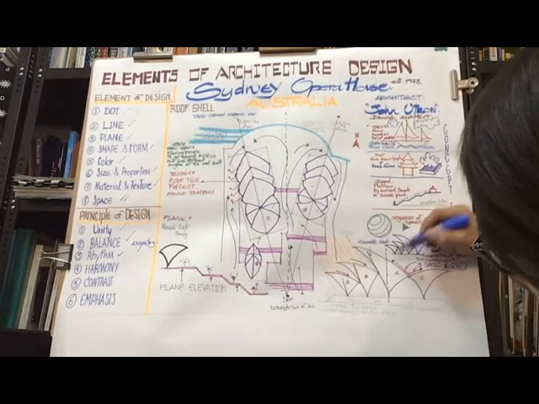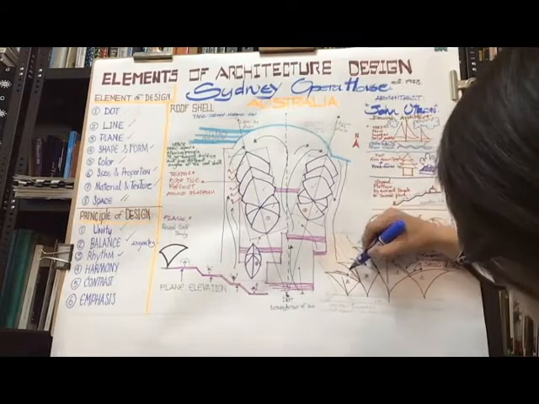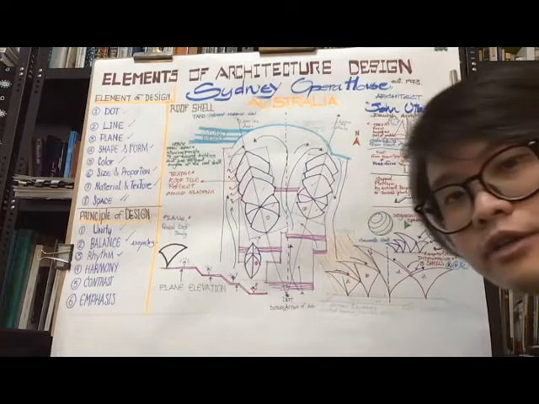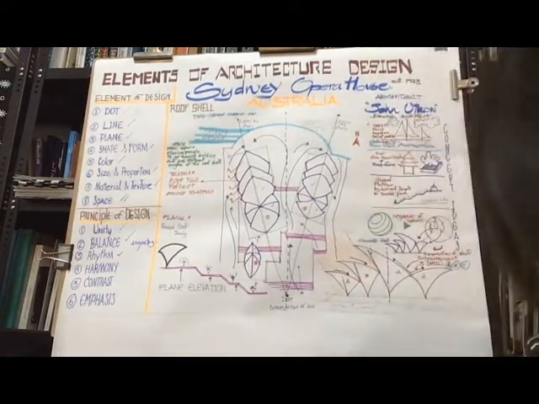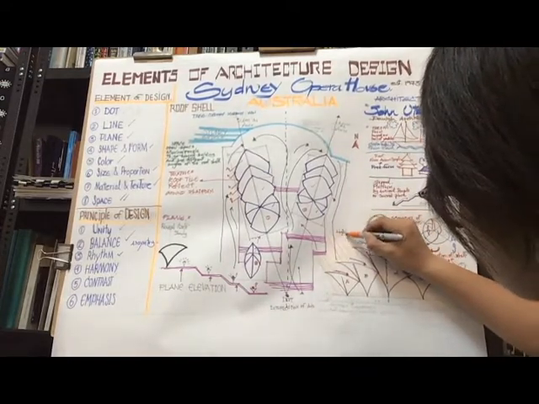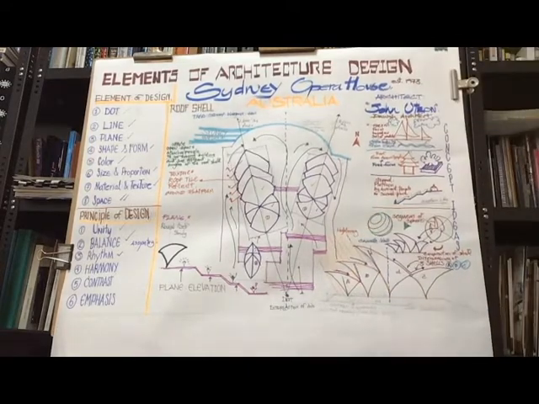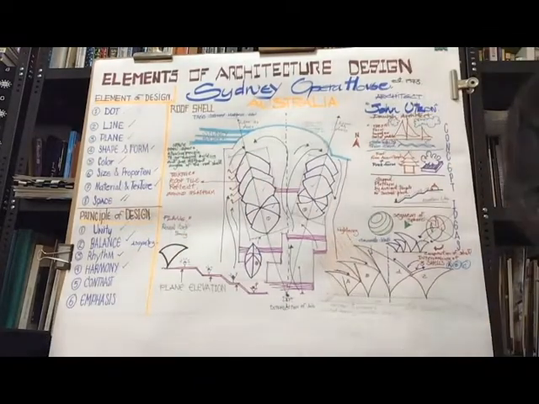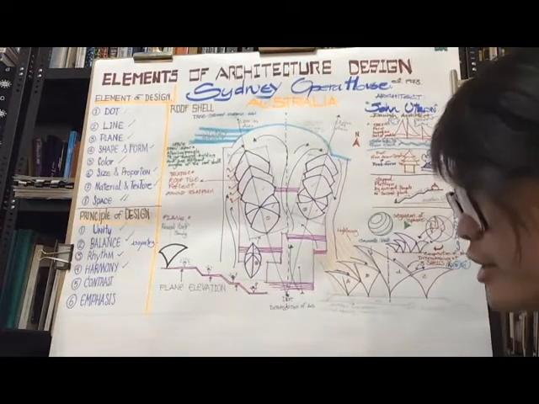The rhythm is stable, and sometimes comes up with a standout part. So let's see here. Next one is harmony. Definitely, if we use the same form and the same color, it is harmonized.